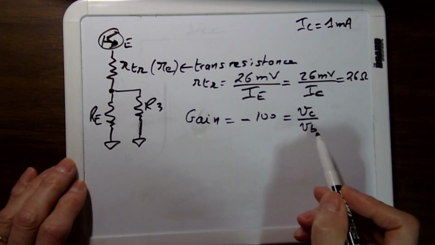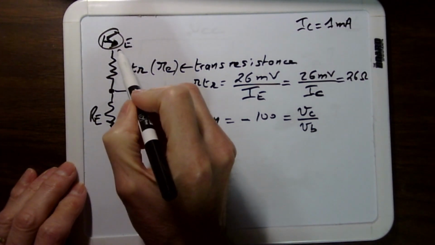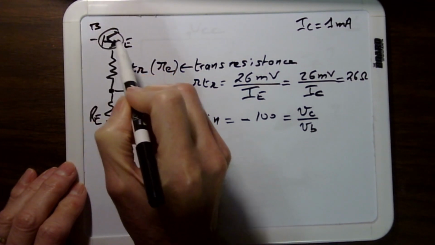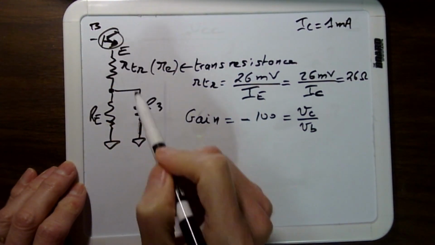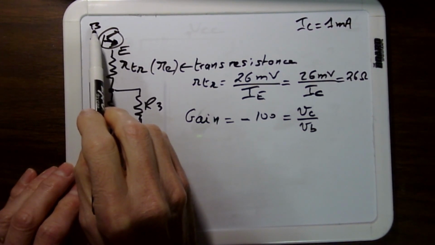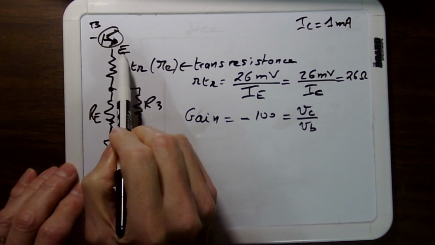So let's get VB. This is the emitter and this is the base. If you do DC, you know that VB is 0.6 volt higher than VE.